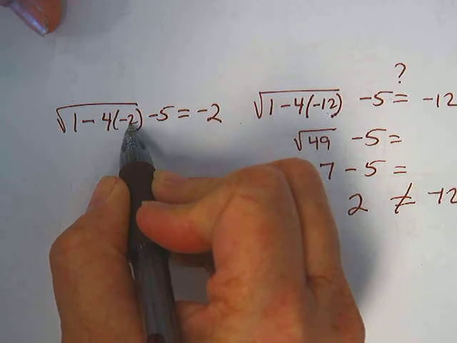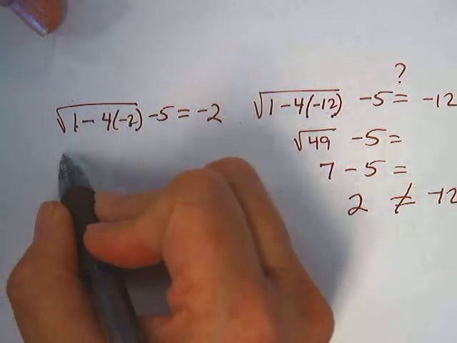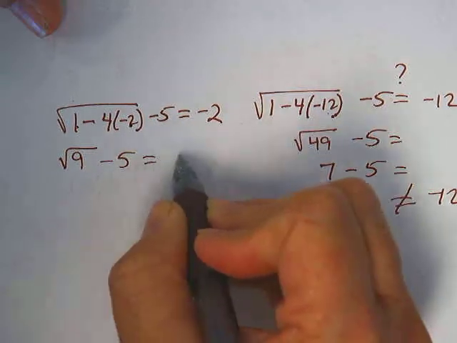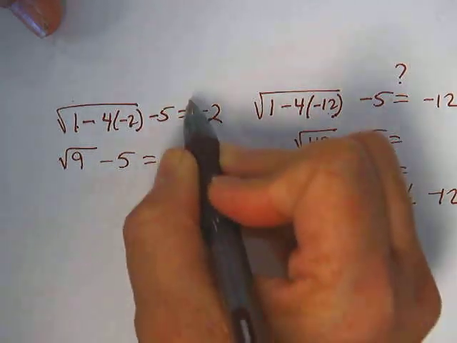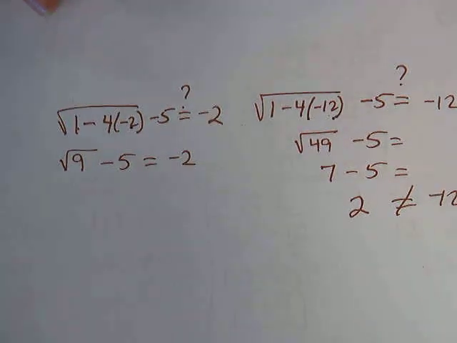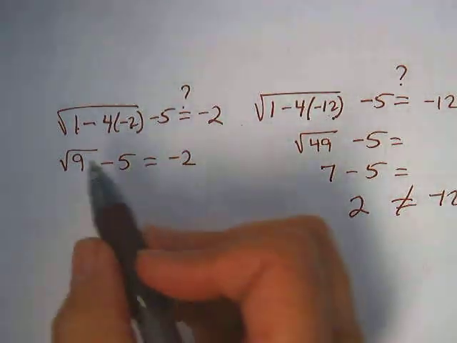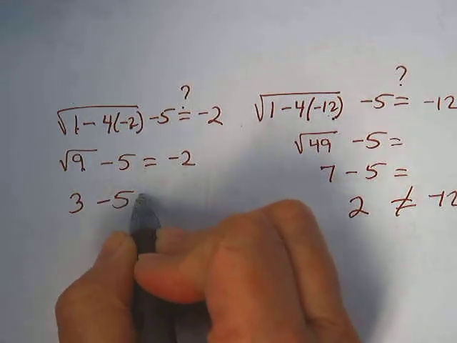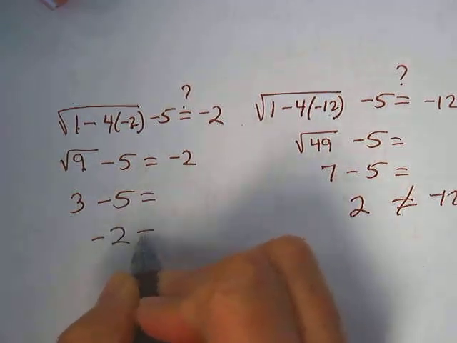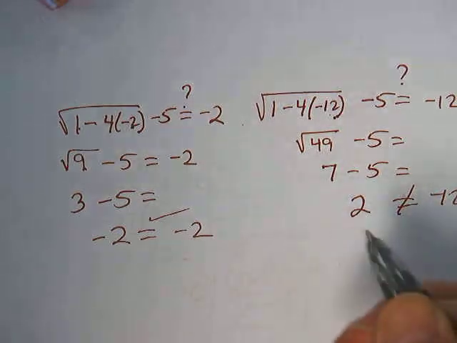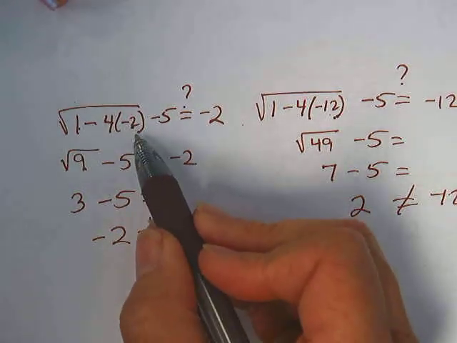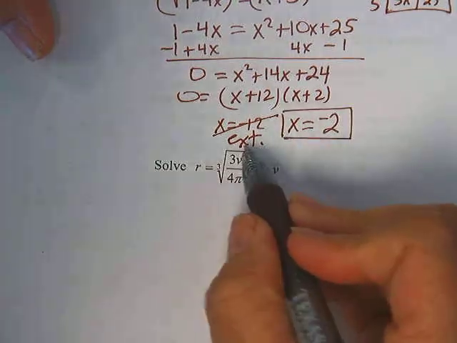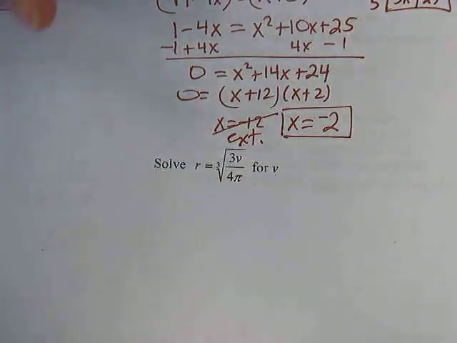Negative 4 times negative 2 is a positive 8, plus 1 is 9, minus 5, does that equal a negative 2? I guess I should have that question mark in there because we're not sure yet. Square root of 9 is 3. 3 minus 5 is negative 2. So that tells me my solution of negative 2 was good. So I have one good solution and I had one extraneous solution.